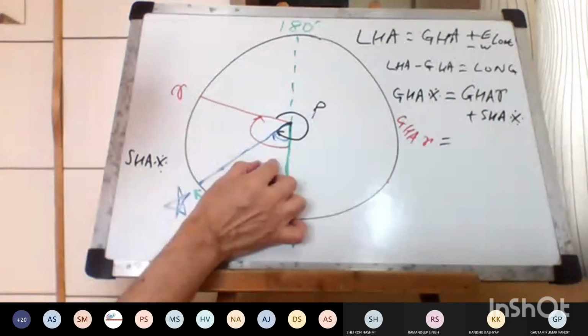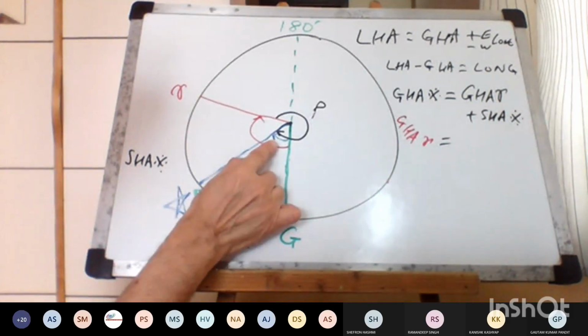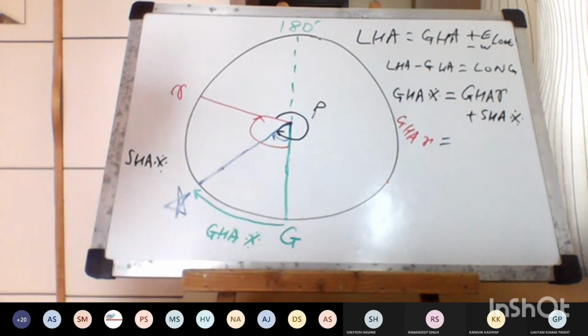So if I want the blue angle, what should I do? GHA star is equal to... are we getting it right, or is there still confusion? I can change the diagram a little bit more for you.